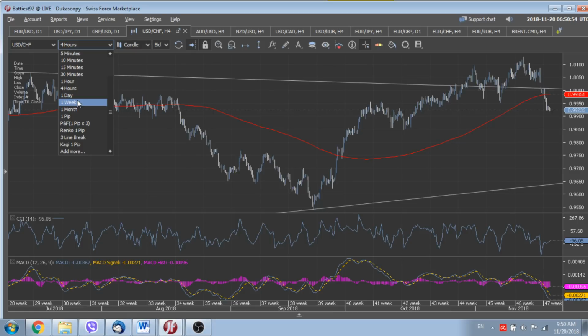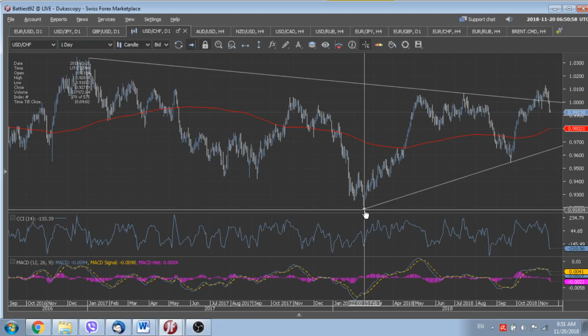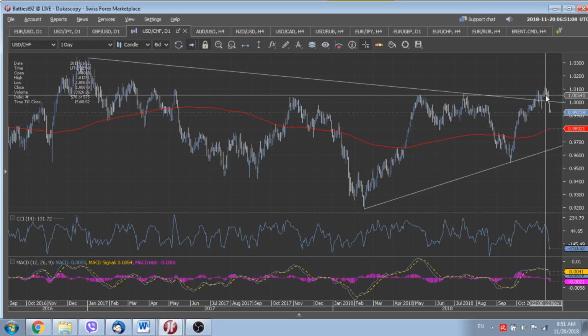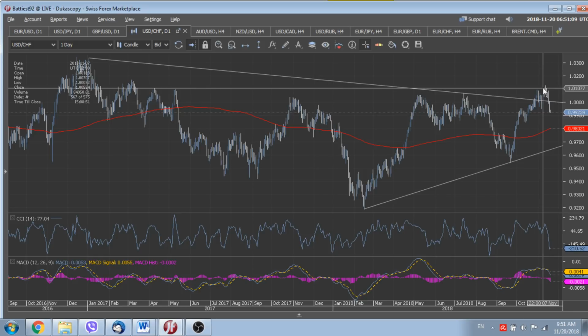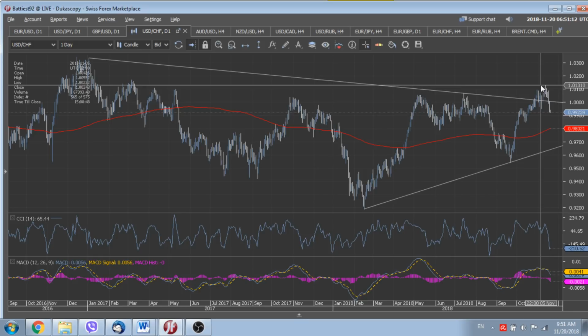From the February period, when the dollar Swiss was below 0.92, to the highs printed just a couple of days ago, around 1.0130. As you could see, that's around 10 big figures. And the same applies, by the way, for the dollar yen.